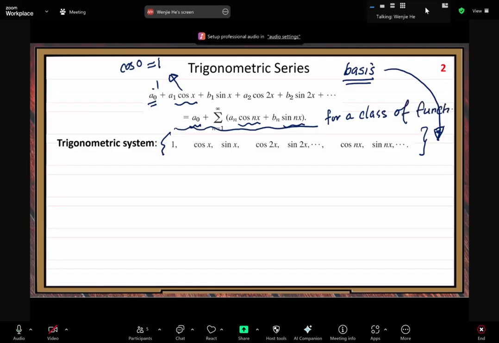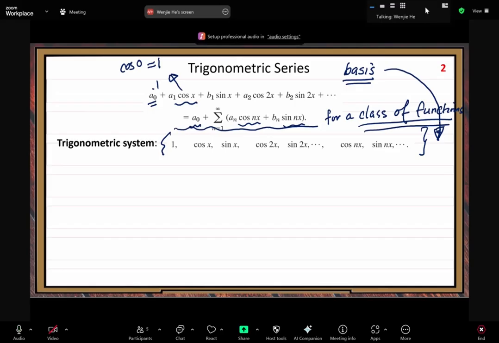What class of functions? When you say class of functions, this expression is very vague. This class of functions is very special: square integrable functions. Have you heard of that? Square integrable functions, that class.